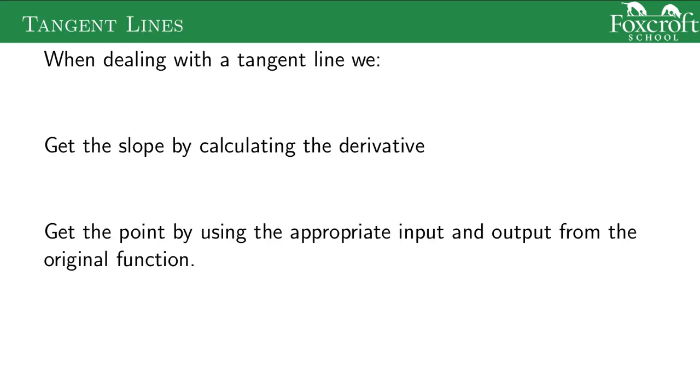All right, so when we're trying to create the equation of a tangent line, we're going to end up using point-slope form. So the first thing we do is figure out the slope, right? Because we're going to need the slope for point-slope form. But since we're talking about a tangent line, the slope of the line is the same as the derivative. The slope of the tangent line is the derivative.